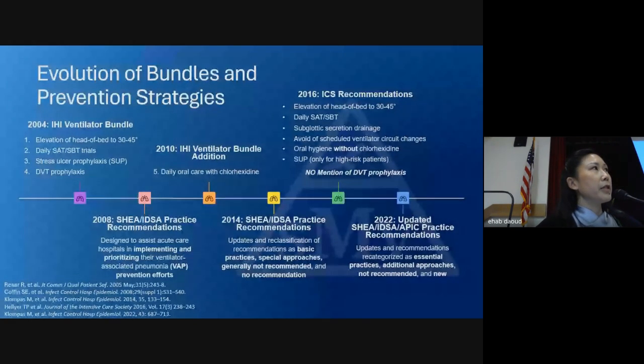Then in 2014, there was an update to some of the recommendations with IDSA and SHEA. Basically, they reclassified some of their recommendations into basic practices and special approaches, and they retermed some of the recommendations as not recommended or generally not recommended.